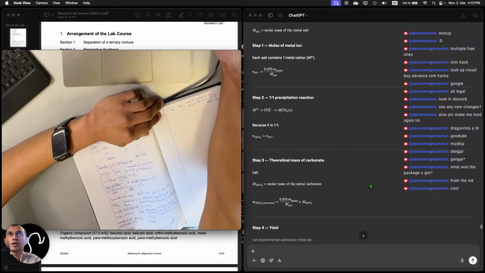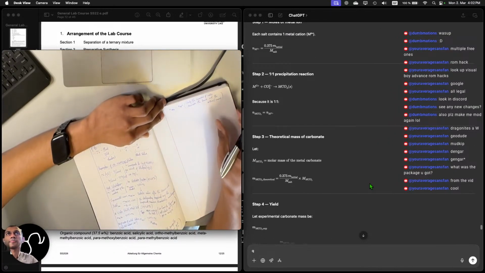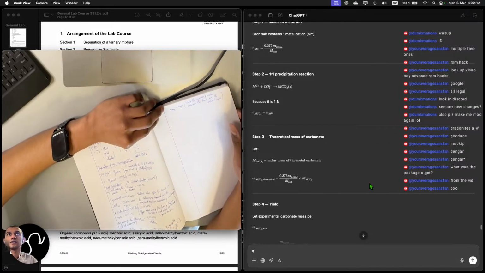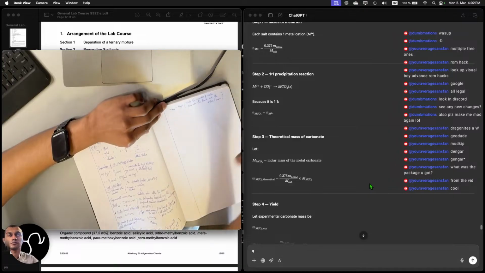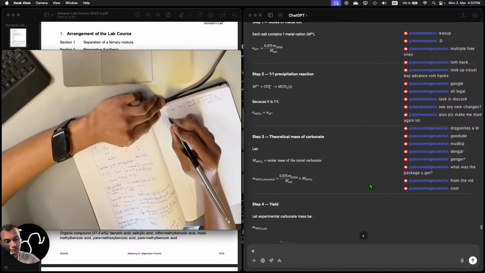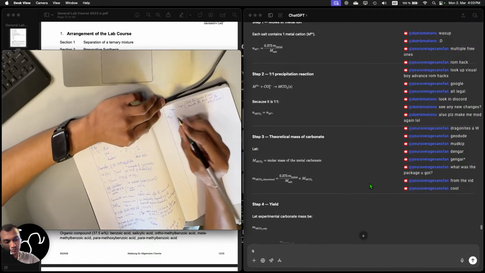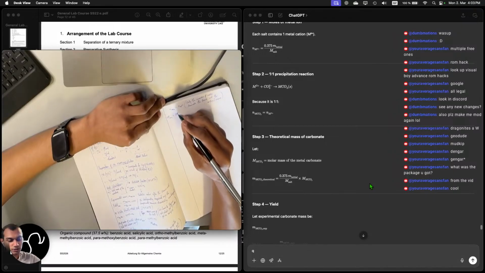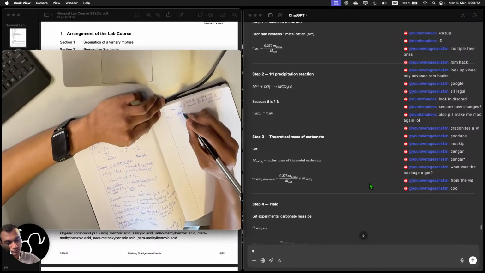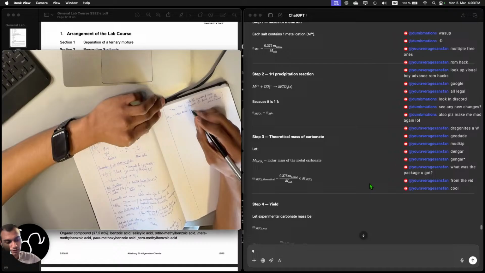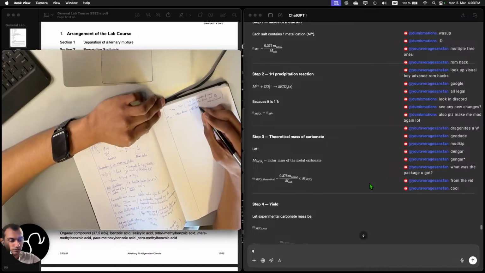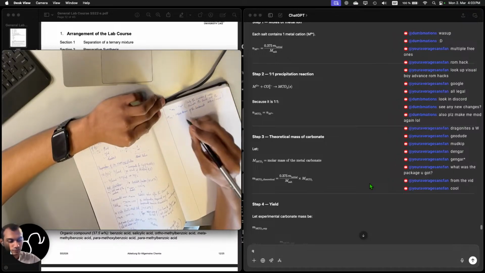Theoretical mass of carbonate. Molar mass of the carbonate MCO3.